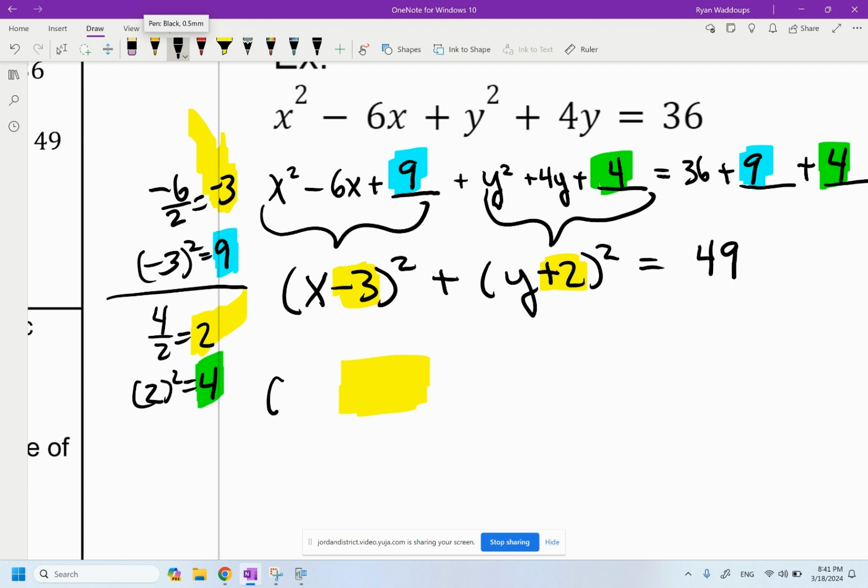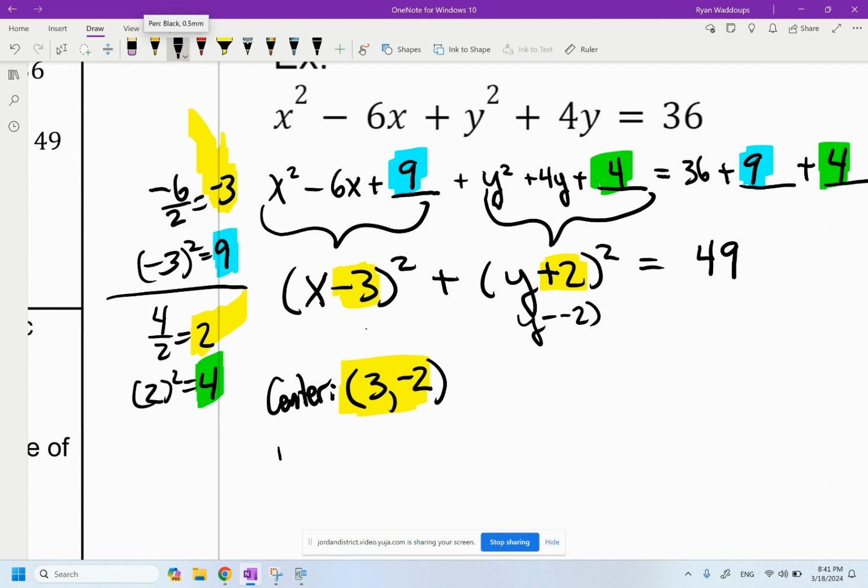Our center is at the point, and here it's x minus h, and so this is positive 3, and y minus k, but since this is plus 2, it's y minus negative 2, and so the y value of the center is negative 2.